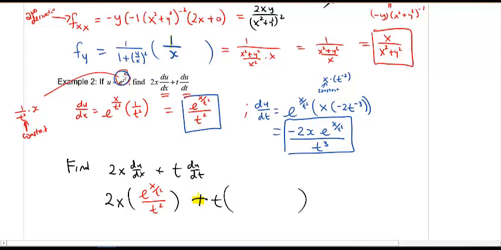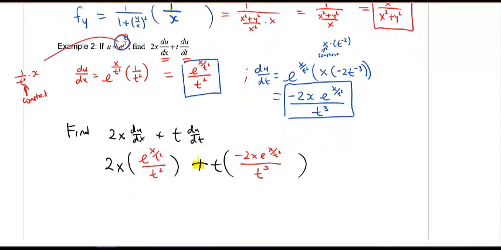Then du/dt is just negative 2x e to the x over t squared, over t cubed. Looking ugly, but nonetheless, that's what we're trying to simplify. And that becomes t squared.